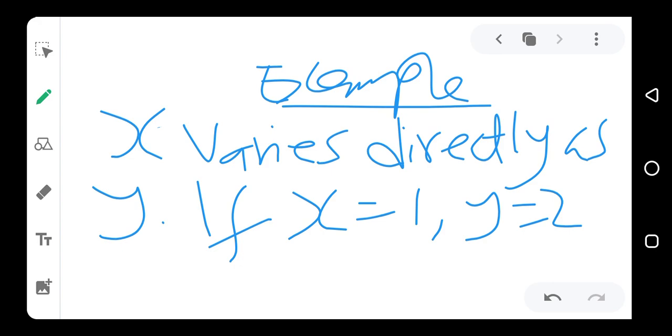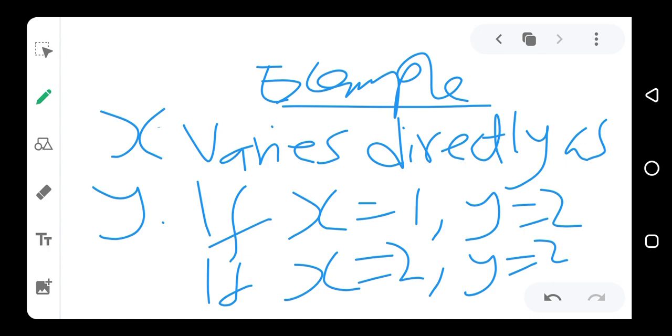Now they will ask us, if X is equal to 2, what is Y? Here, X is equal to 1 and Y is equal to 2. Now, X has changed to 2.